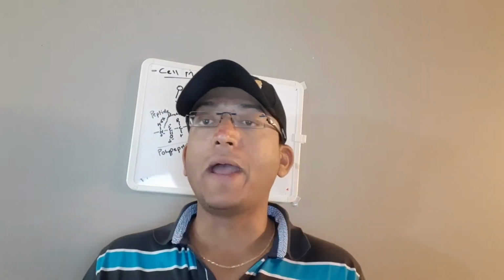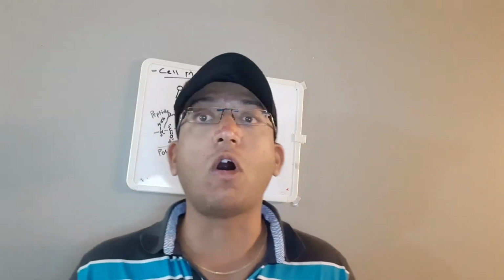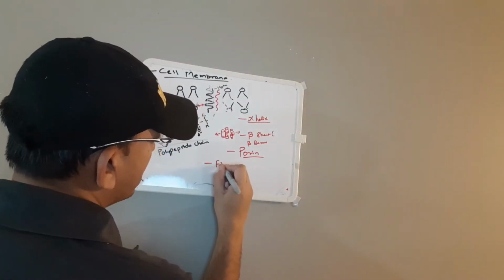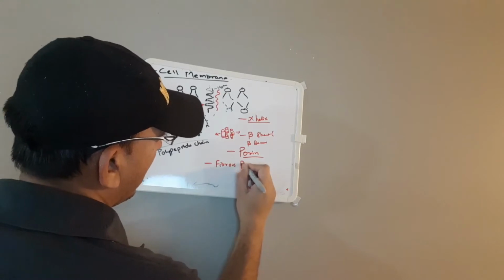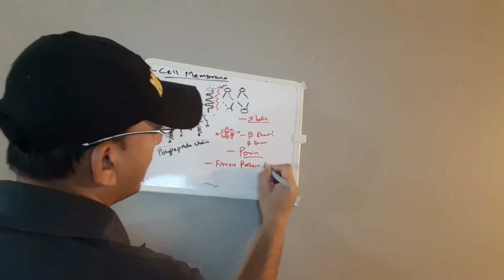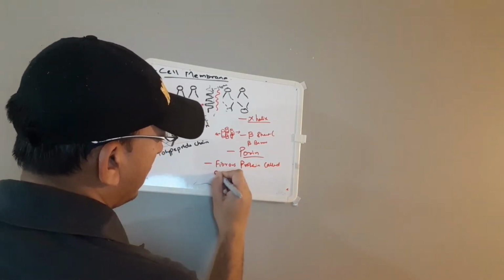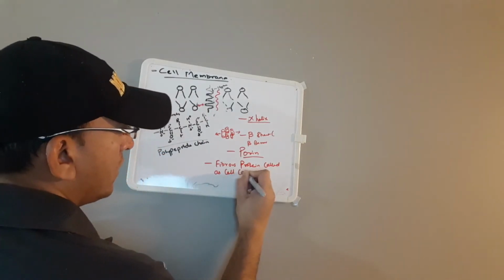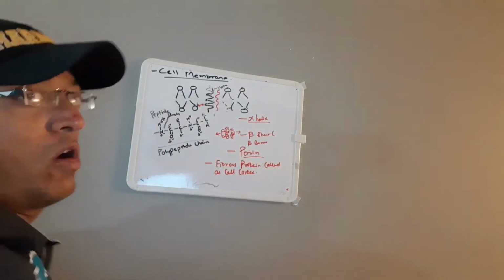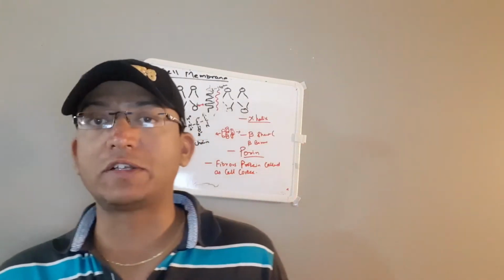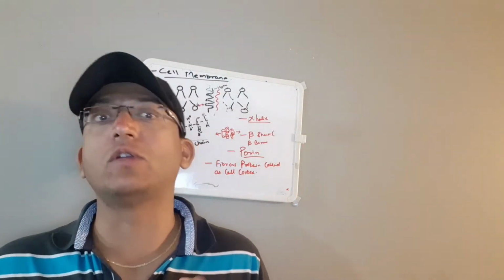But the plasma membrane of an animal cell, which includes us as well, is stabilized by a meshwork of fibrous proteins called the cell cortex.